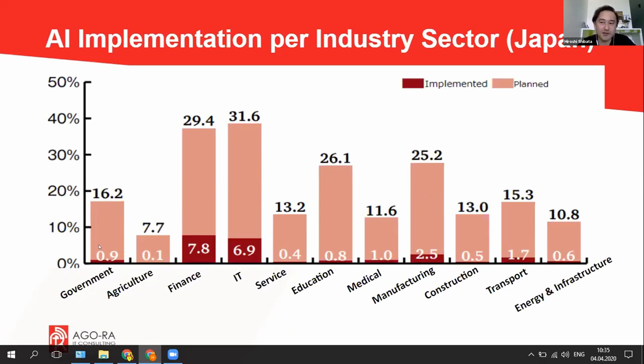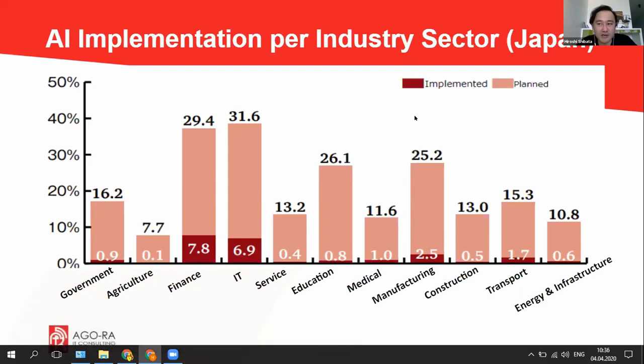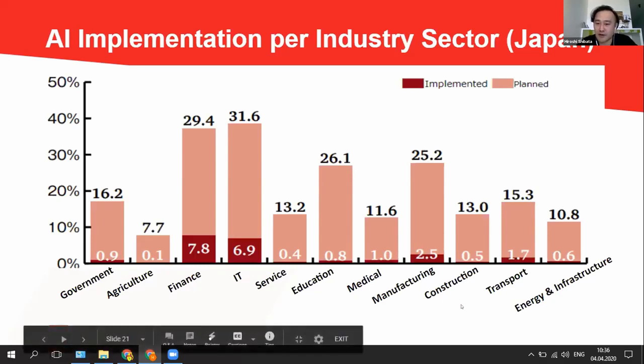NeoLab Japan is currently working with some local governments, and they recently started understanding the importance of AI. So these areas have huge potential to grow. That's really great news.